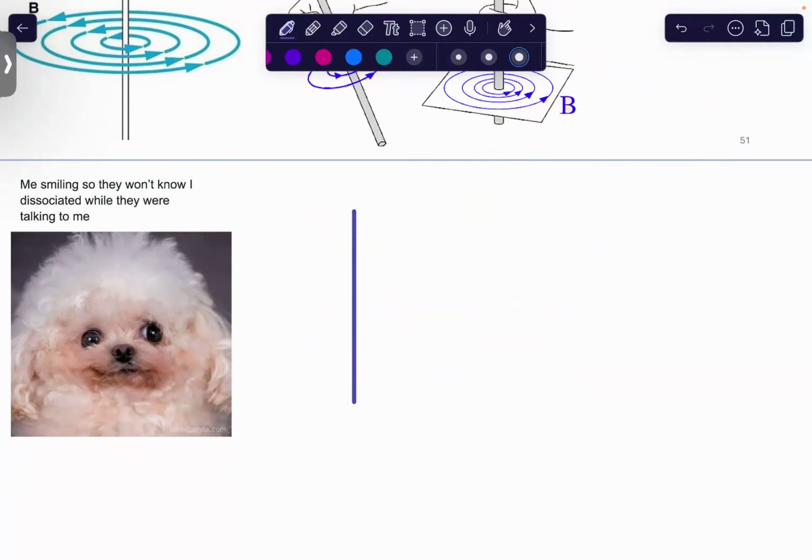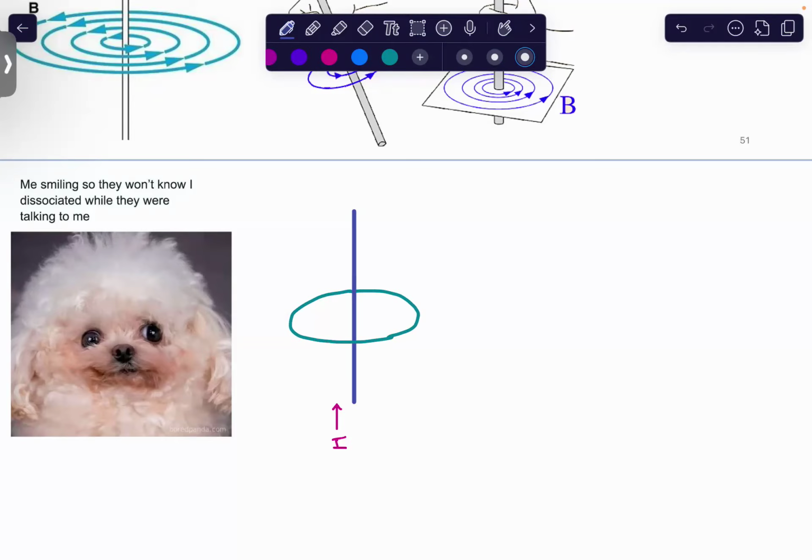Let's just say we have a wire, with current going that way. I'm going to draw this circle just kind of going around the wire.